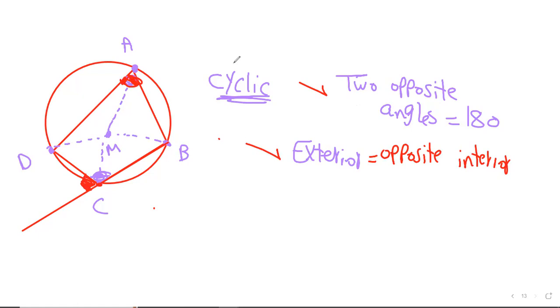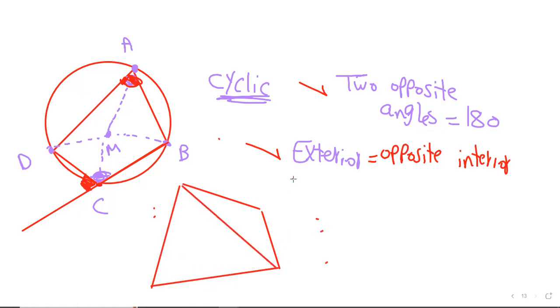And if I said to you that this shape here is cyclic without drawing a circle, you will find, like I've drawn now, this angle labeled 1 and this angle labeled 2. They are drawn on the same base, so they are equal in measure.